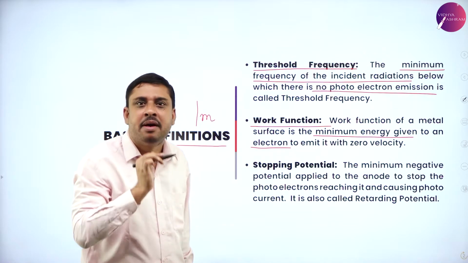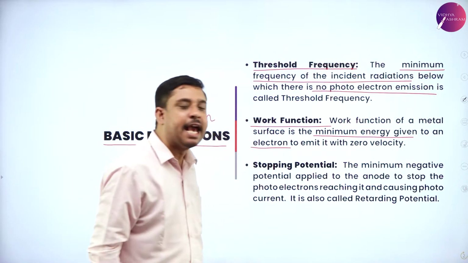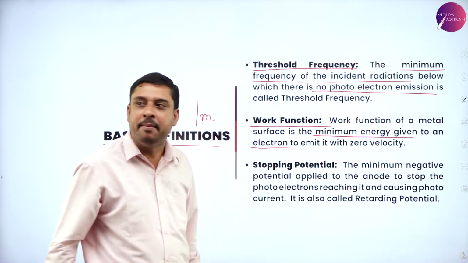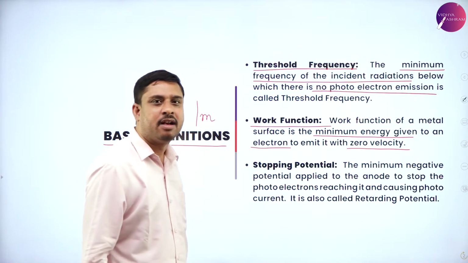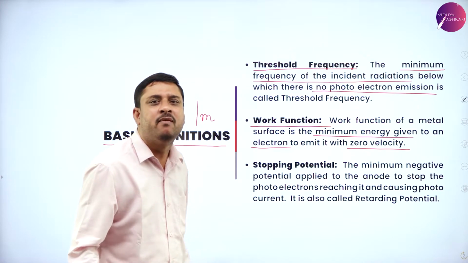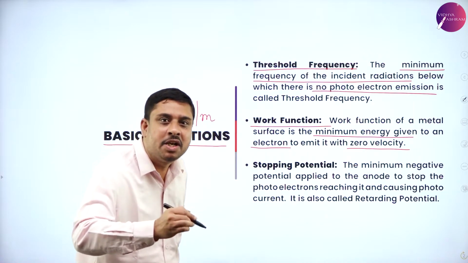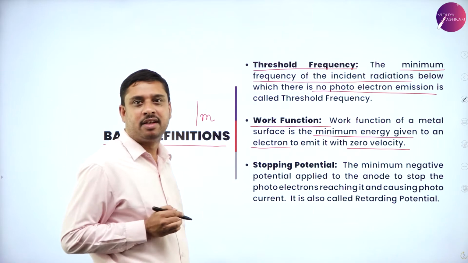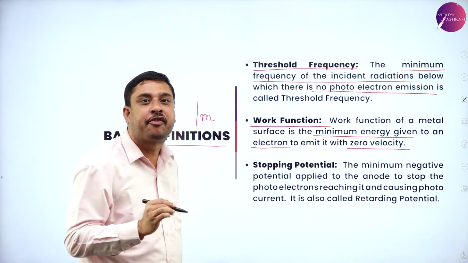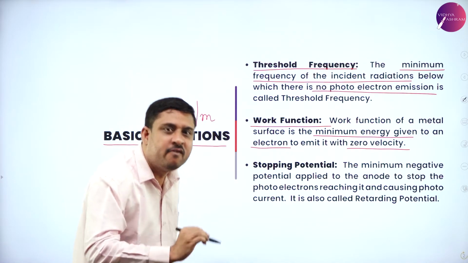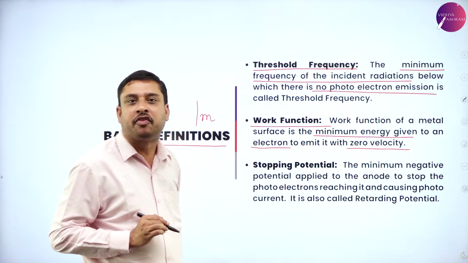It is some minimum energy that is given to the electron to emit it with zero velocity, some minimum velocity. So the energy given to the electron so that it comes out of the metal surface with some minimum velocity is called work function of the metal.